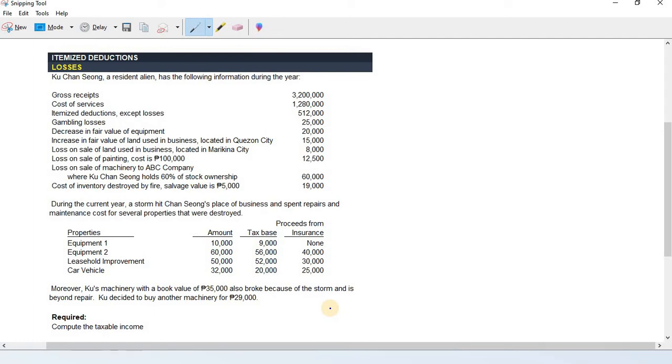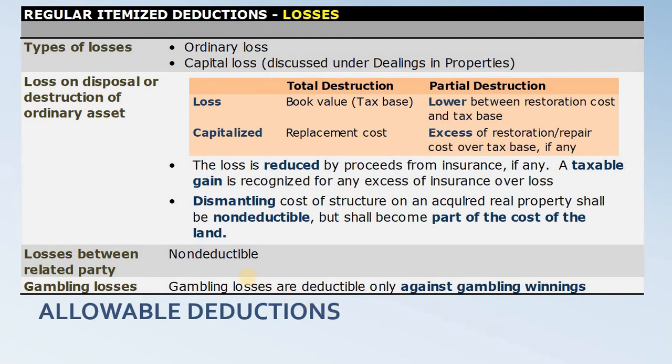So again, what is the rule on total destruction? Once an asset is totally destroyed, the loss to be reported is equal to the book value or the tax base of the destroyed asset, and any replacement costs or the cost of the new asset to replace the destroyed asset will be capitalized.